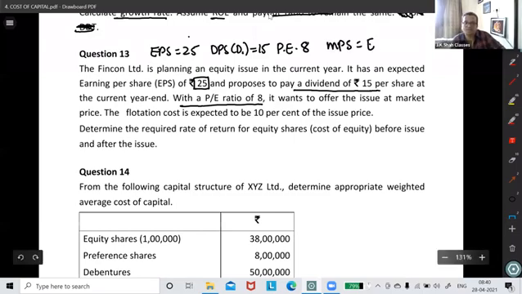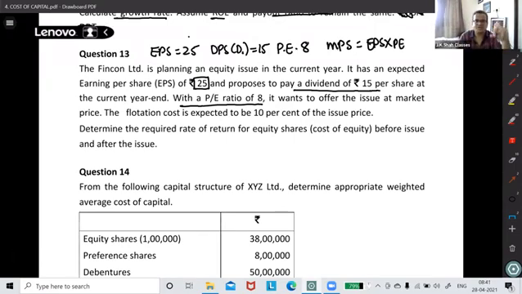MPS would be EPS into P/E, no? When did we do this? MPS is equal to EPS into P/E. In capital structure, select the plan with highest EPS. Then they tell you that P/E ratio is 20, 17, 16. Then you multiply by that and obtain MPS. Remember?